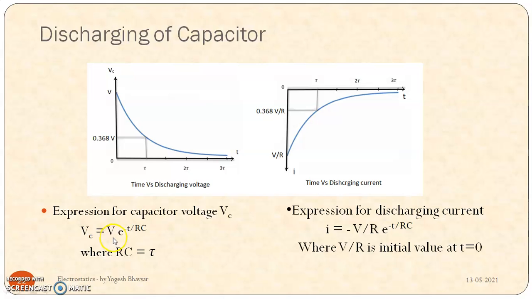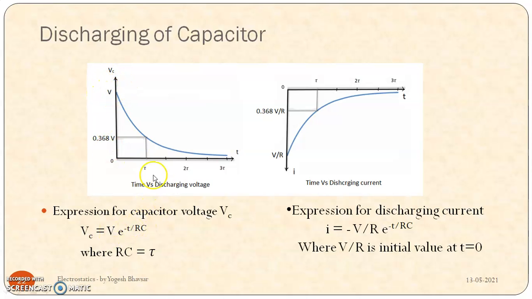So Vc is equal to V e raised to minus t by RC. RC is nothing but tau. So we can again put different values of time. When t is equal to 0, e raised to 0 is 1, so Vc is equal to V. That means the maximum value.